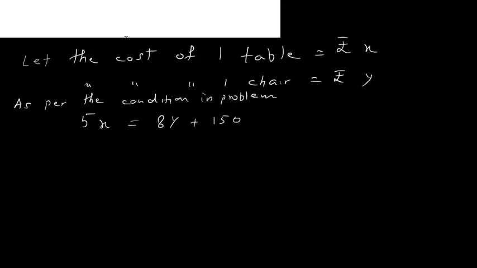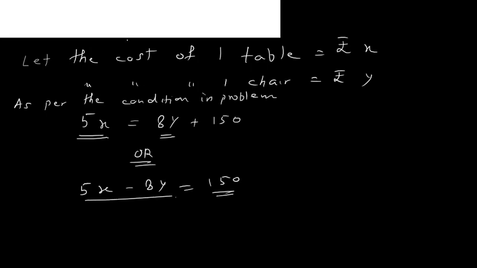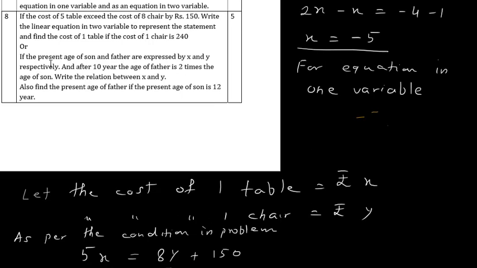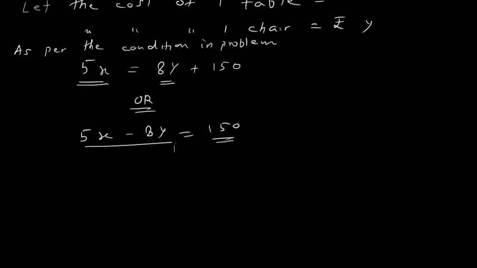The cost of 5 tables exceeds the cost of 8 chairs by 150. So 5x is equal to 8y plus 150, or you can write this equation as 5x minus 8y is equal to 150. Both are correct. Now the cost of 1 chair is 240. Find the cost of 1 table if the cost of 1 chair is 240.